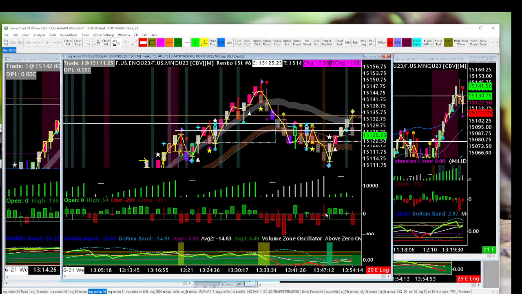It's very similar to something like a volume delta. The only difference is that it's giving us a little bit of extra information. The close, in effect, is the delta, but the high and the low is additional information that's basically showing how much buying was there in the bar.